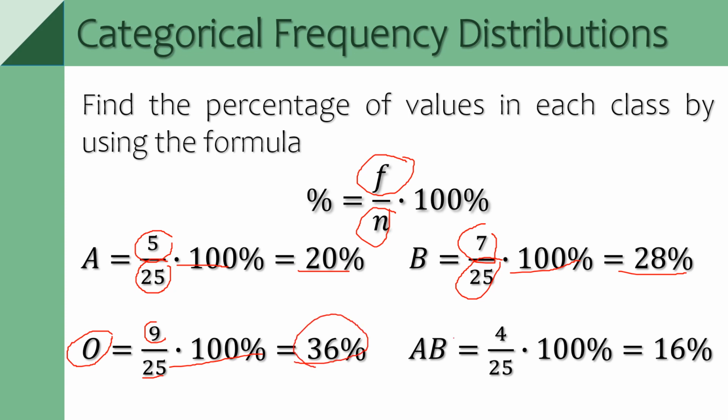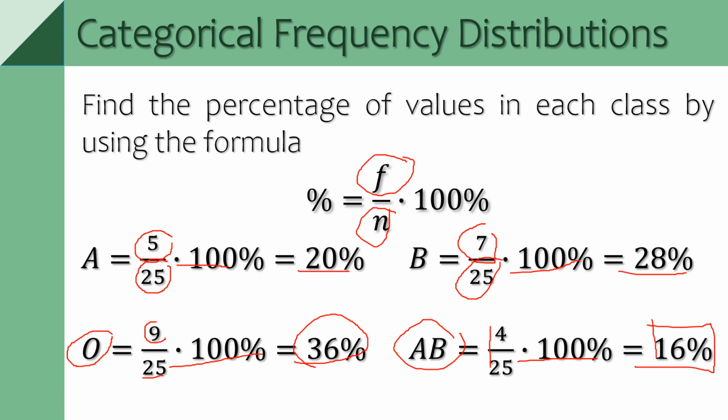And then for type AB, we have 4 divided by 25 multiplied by 100, and that is equals to 16%. So therefore, yung percentage ng A is 20%, percentage ng B is 28%, ang percentage ng O ay 36%, and then ang percentage ng type AB is 16%.